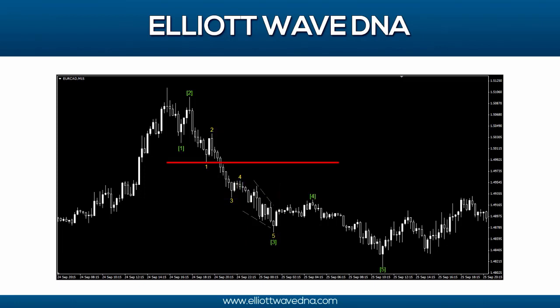The final rule is that wave 4 needs to hold below the starting point of the wave 2, and here we got that correct.